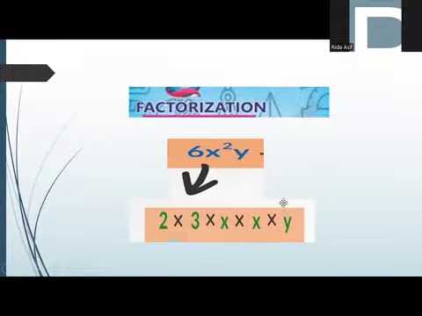So 6x squared y is the product of these terms. These, 2 into 3 into x into x into y, are called the factors, and 6x squared y is the resulting polynomial, and these are called the factors of this polynomial, right?